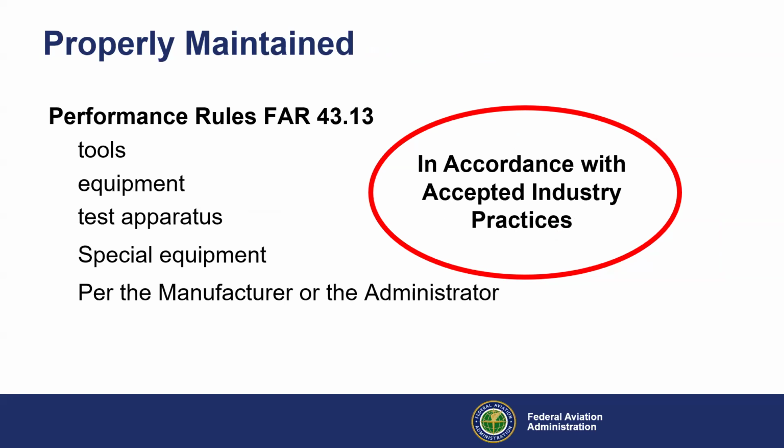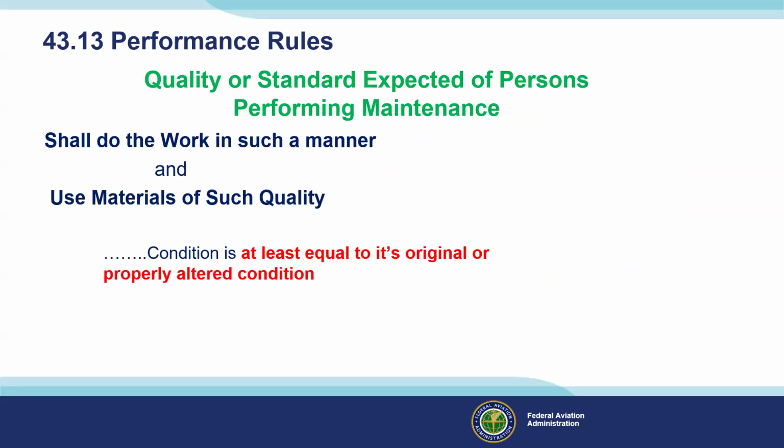You'll use tools, equipment, and test apparatus, special equipment per the manufacturer or administrator in accordance with industry accepted practices. And you shall do the work in such a manner and use materials of such quality that the condition is at least equal to its original or properly altered condition.